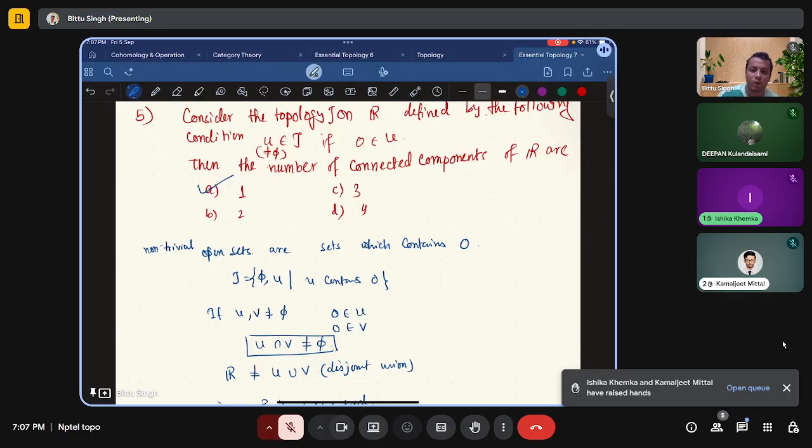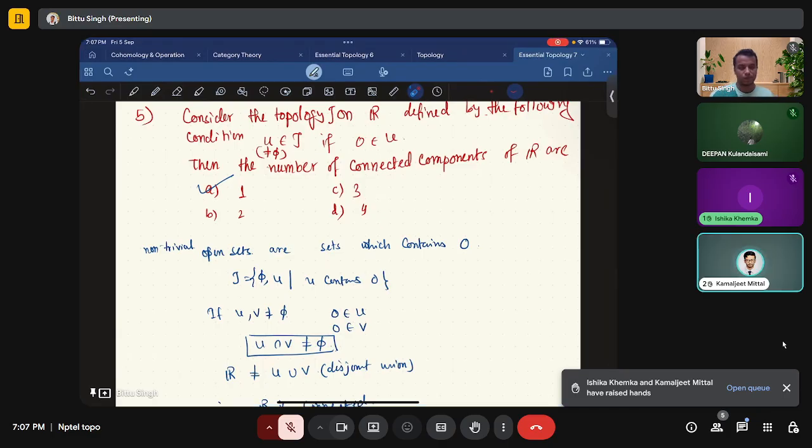Again we'll get the same conclusion, because instead of zero, if we choose some real number p, then U intersection V will again be non-empty, because p belongs to U and p belongs to V. Okay, sir. Great.